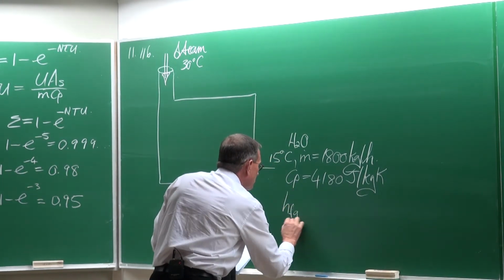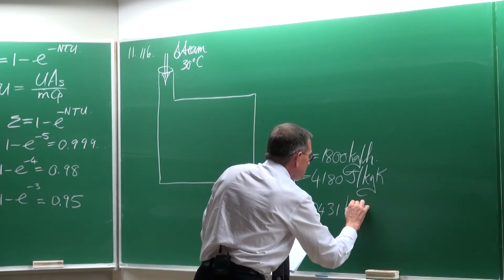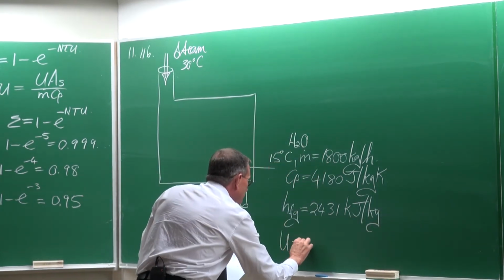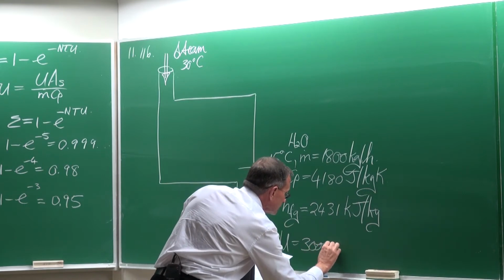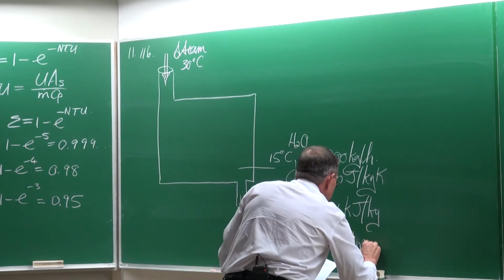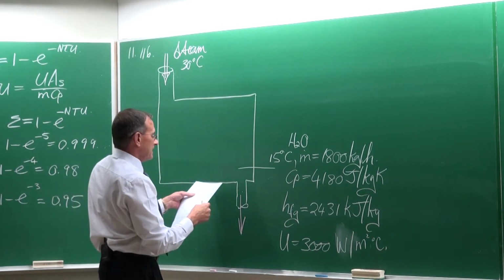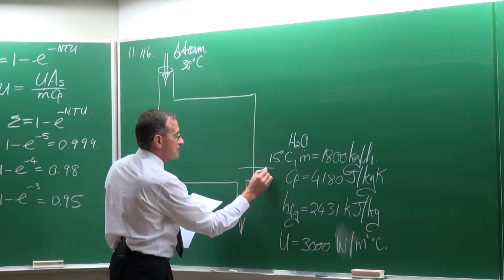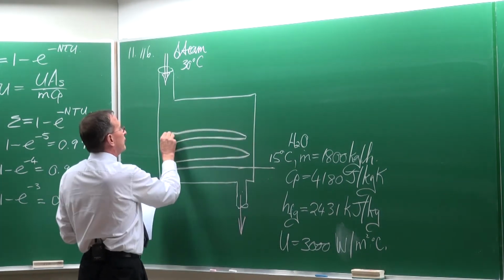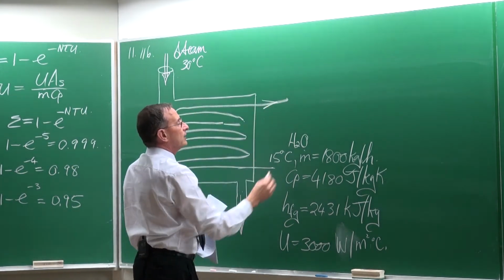HFG is equal to 2431 kilojoules per kilogram. The overall heat transfer coefficient of the heat exchanger is 3000 watts per square meter degree Celsius. It has 8 tube passes. Okay, so that's 1, 2, 3, 4, 5, 6, 7, 8, and going out.